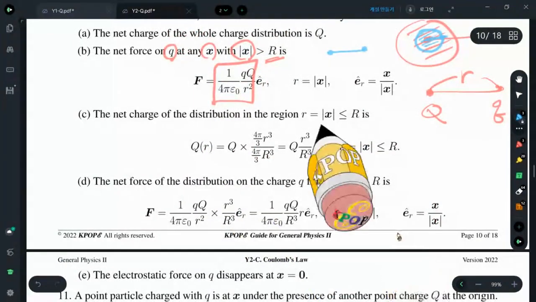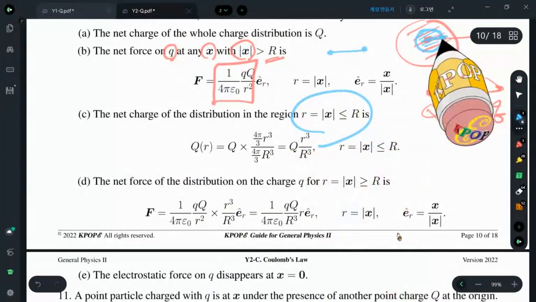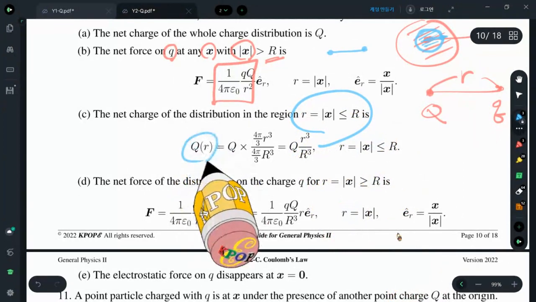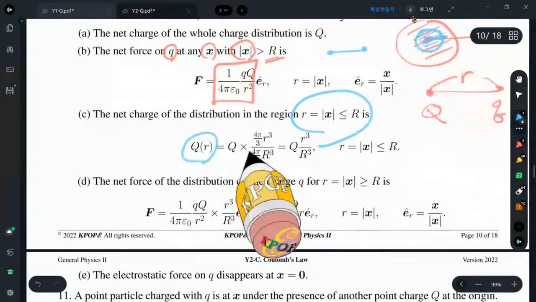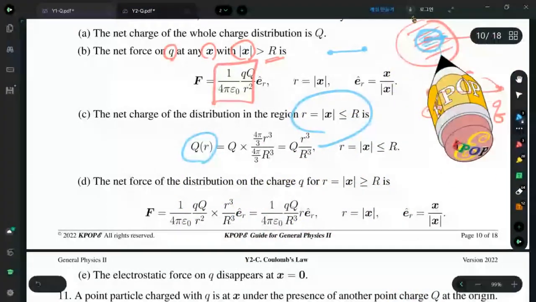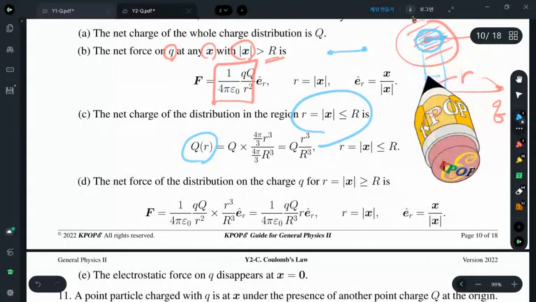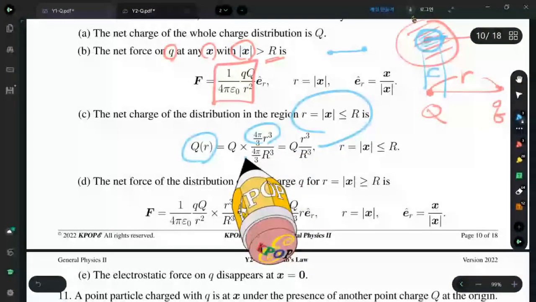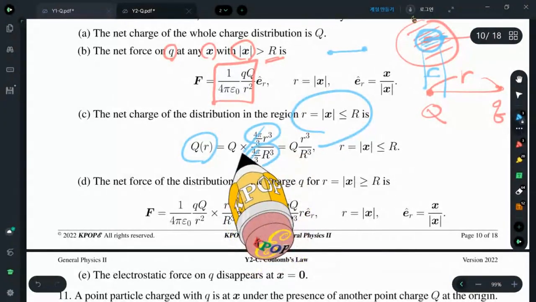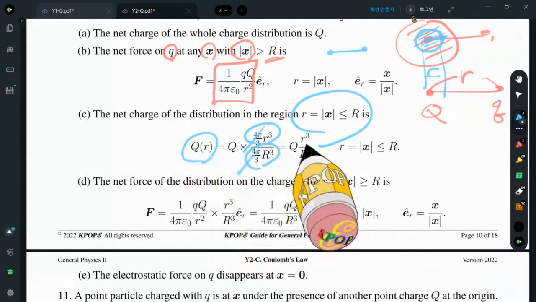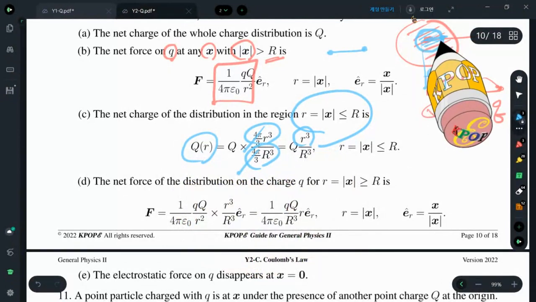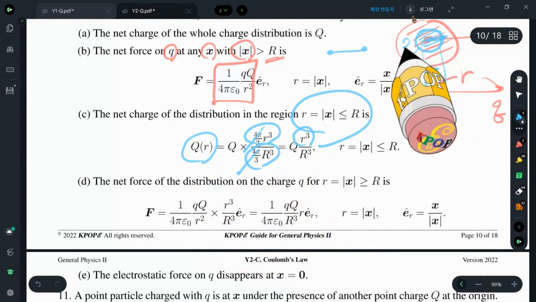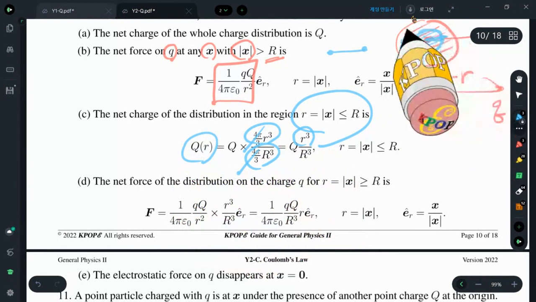So in case you are inside the shell, then you have to count the net charge, not the whole amount, but the amount contained within the small radius r. The volume factor cancels, and that is just r cubed over R cubed times Q. This is a small r, and capital R is the radius of this sphere.